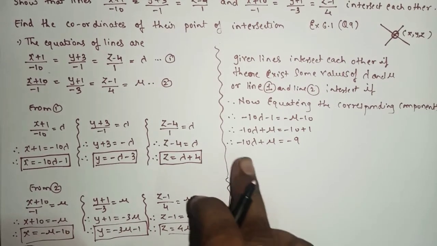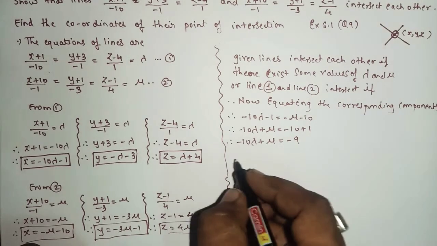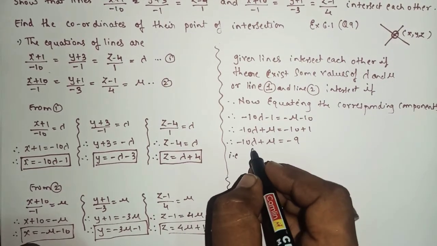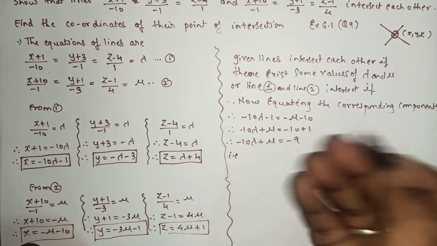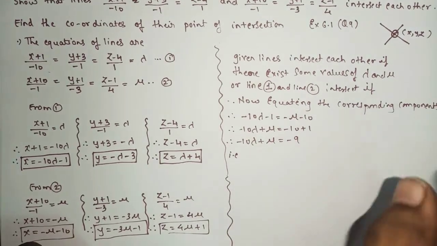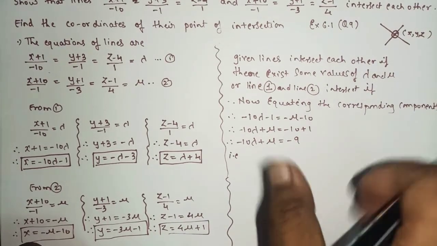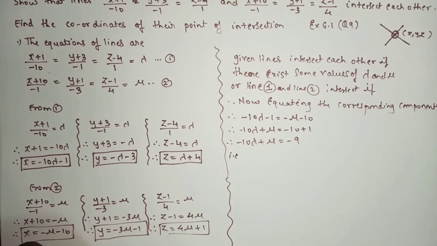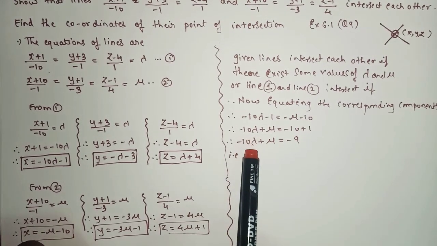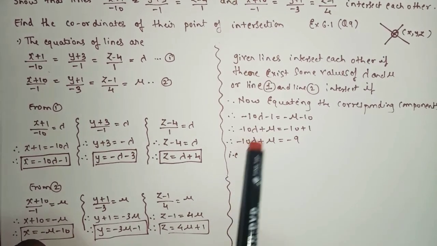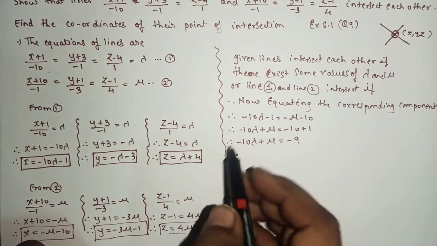So here we got one equation, and try to keep the sign of lambda positive. It is not compulsory, I am just saying it to make the sum easy. You can keep this equation as it is.